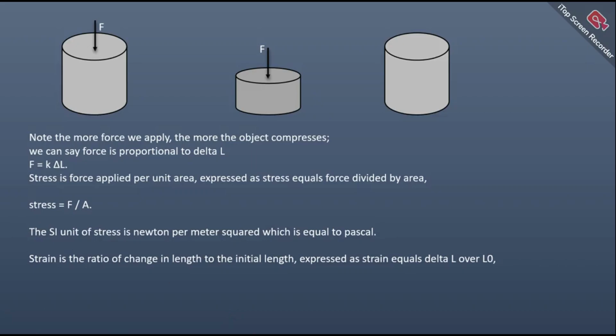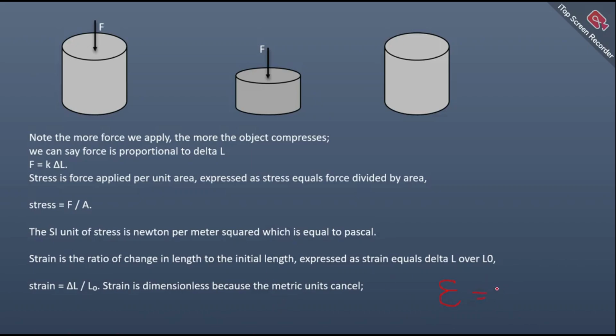Now, when you're talking about the strain, we said it has no units because it is a ratio. Do you remember? Yes. If you want to confirm that this one has no units, strain is denoted as epsilon.